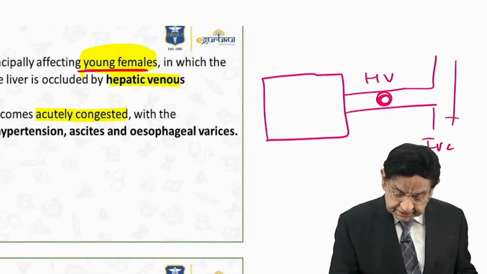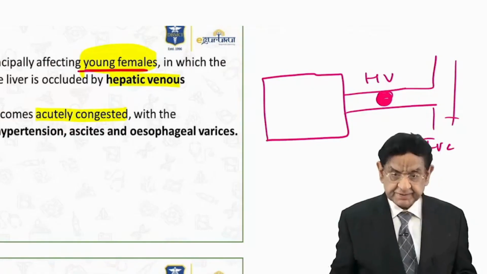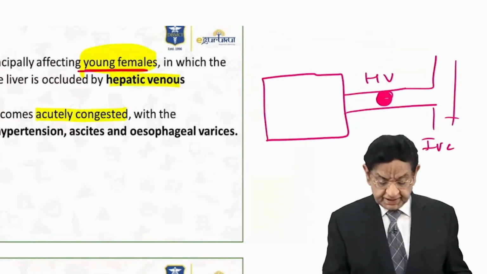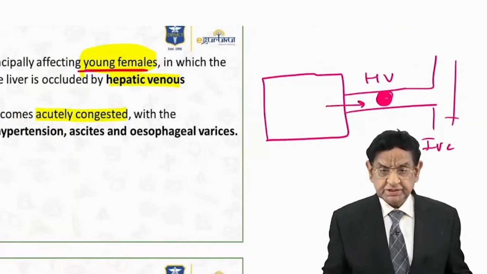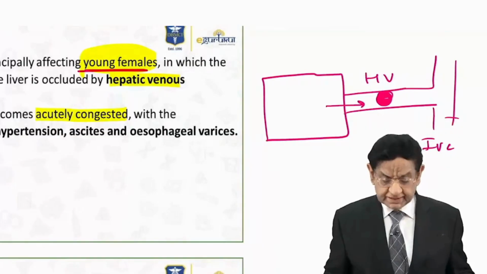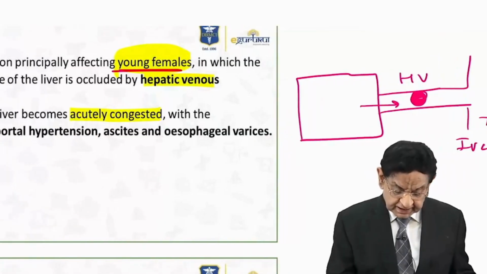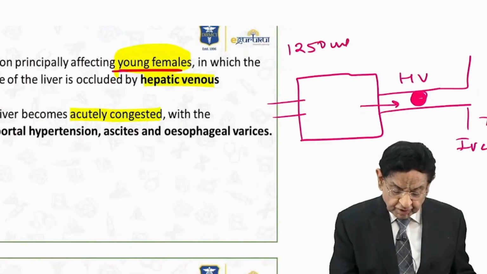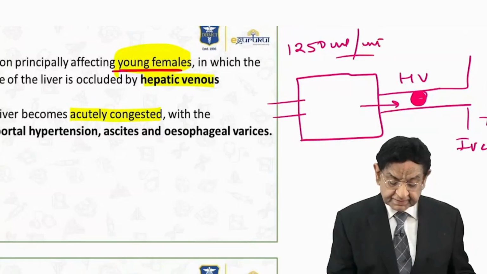Obstruction occurs in the hepatic vein. So definitely the blood flow will be totally stopped. Point to be noted, the liver gets about 1250 ml of blood per minute.